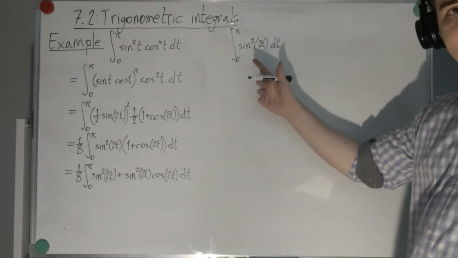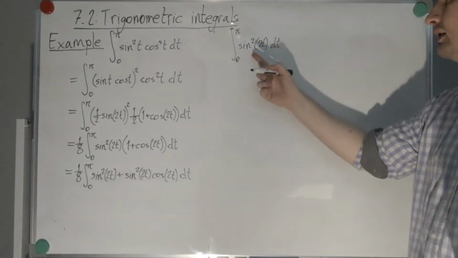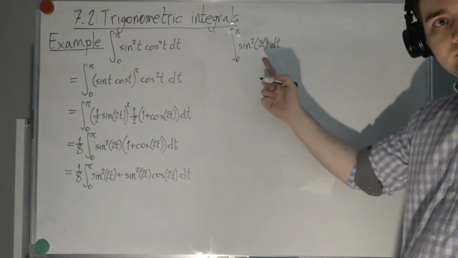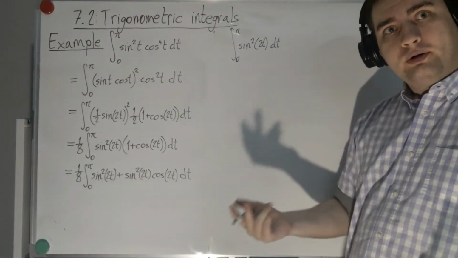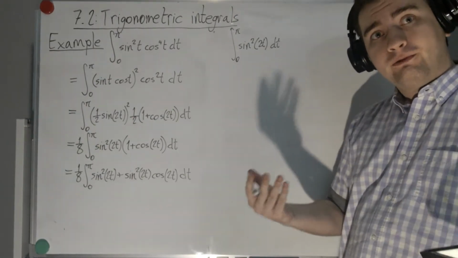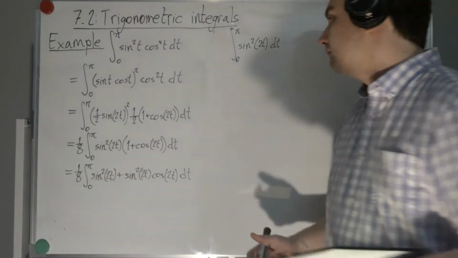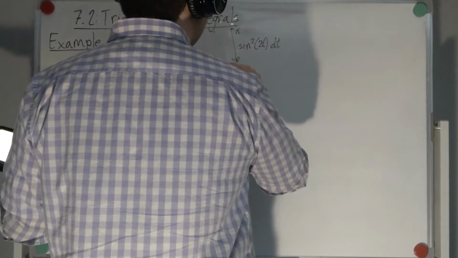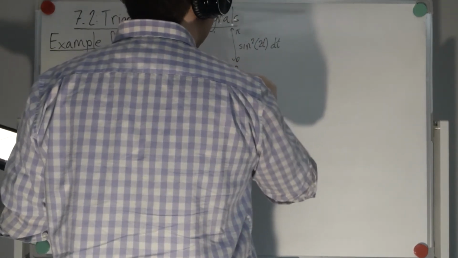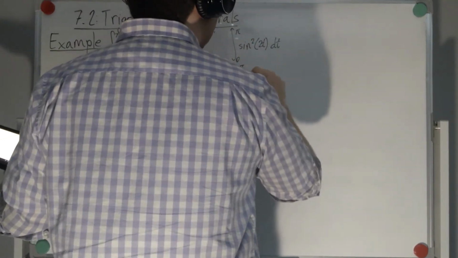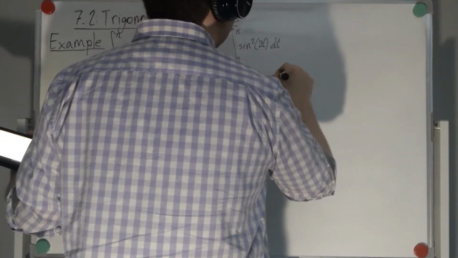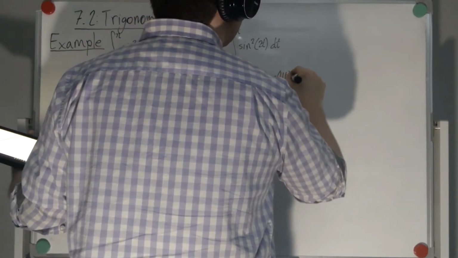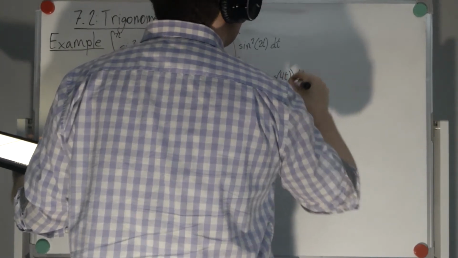So at this point, what we can say is, well, sine squared of 2t, that's the same as 1/2 times 1 minus the cosine of 4t. So now this can become the integral from 0 to pi of 1/2 times 1 minus the cosine of 4t dt.